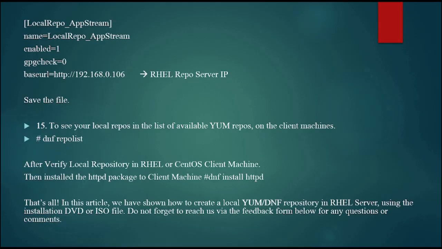Once we save the file, we check whether our local repository is present or not with the help of the dnf list command. After verifying the local repository in the RHEL or CentOS client machine, we try to install the HTTPD package on the client machine with the help of the dnf install httpd command.